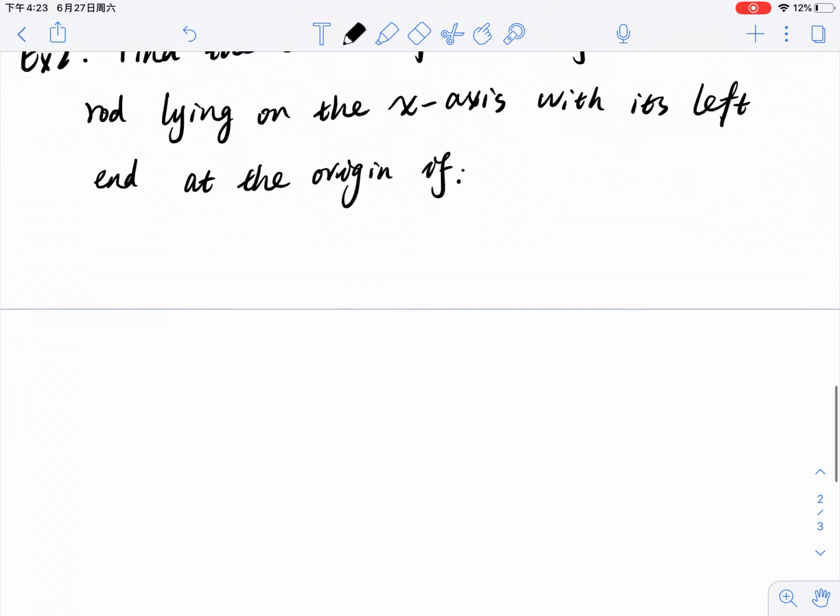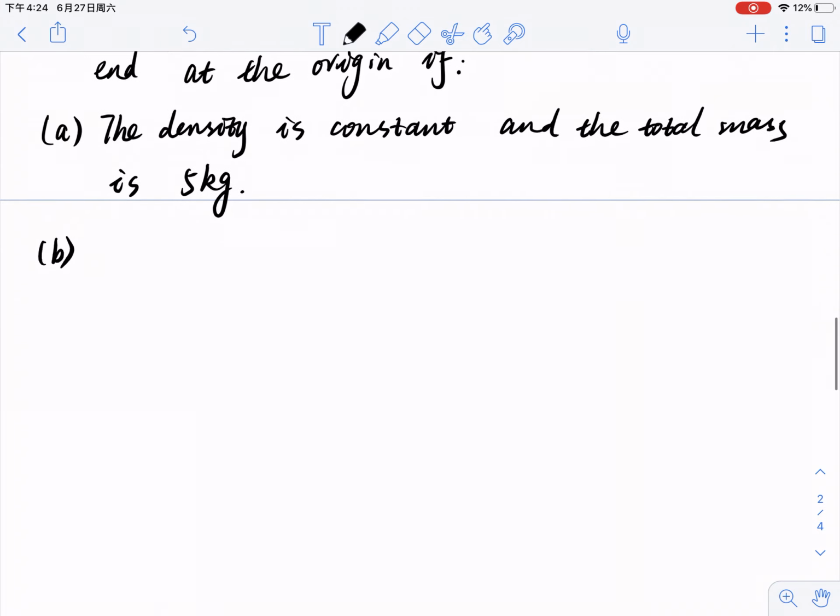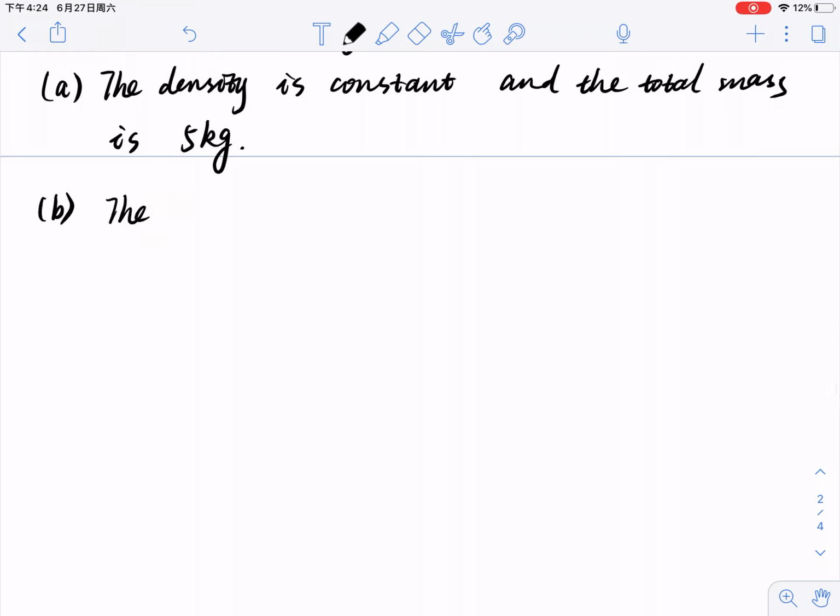Question A: the density is constant and the total mass is 5 kg. Question B: the density is delta(x) = 15x squared kg per meter.